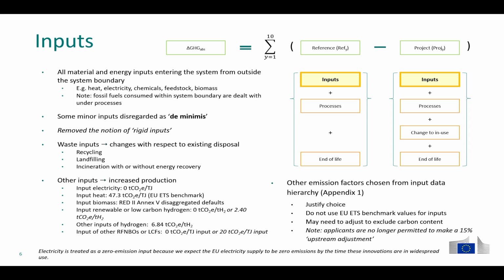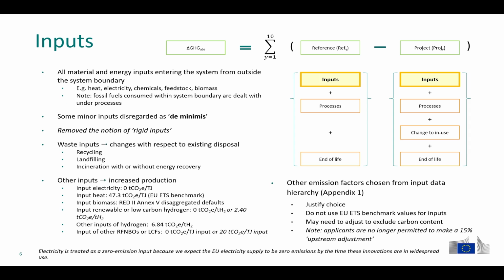And inputs of other renewable fuels of non-biological origin or of other low-carbon fuels are assigned input emission factors of 0 tonnes carbon dioxide per terajoule or of 20 tonnes of carbon dioxide per terajoule, respectively. Emission factors for other inputs must be chosen from the input data hierarchy, which is Appendix 1 in the methodology.